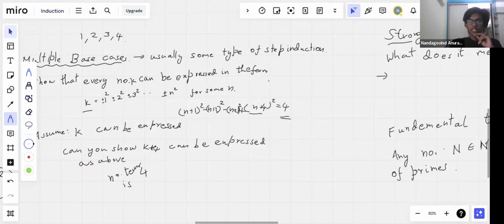A very simple extension is that you just add plus (n plus 5) squared minus (n plus 6) squared minus (n plus 7) squared plus (n plus 8) squared. Basically repeat this until n plus 8, and that will be equal to 8 because that's just 4 plus 4.